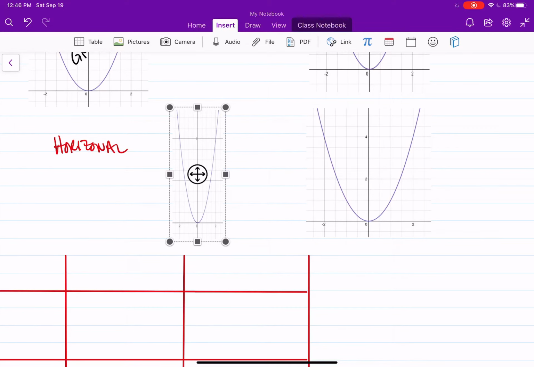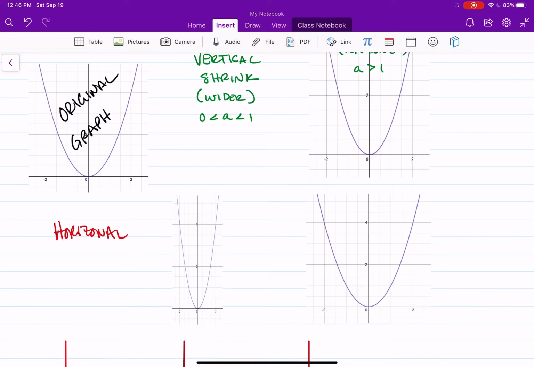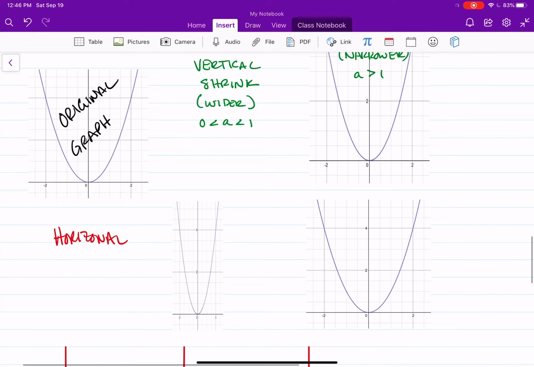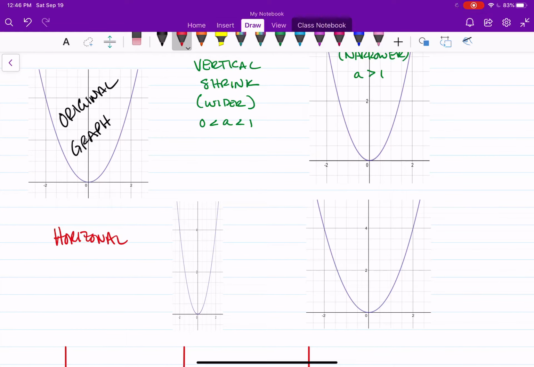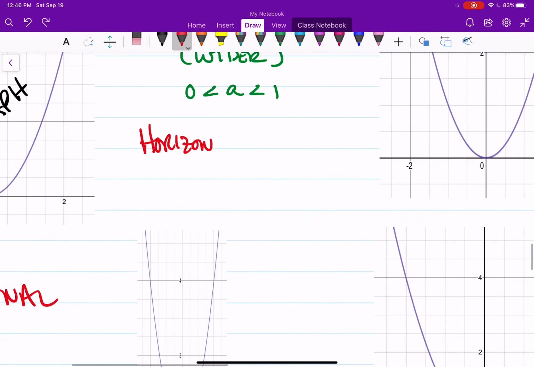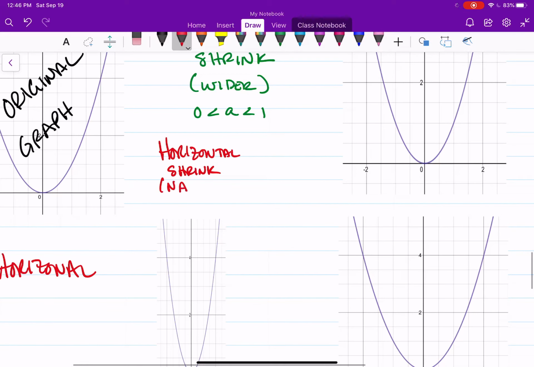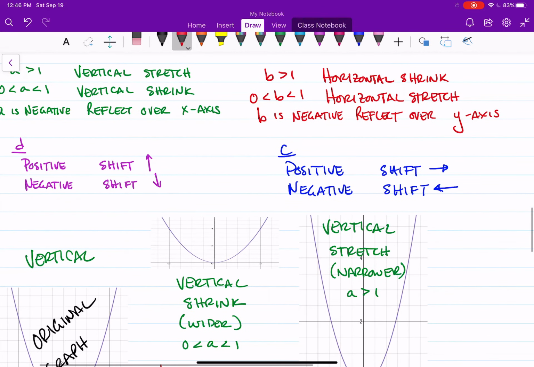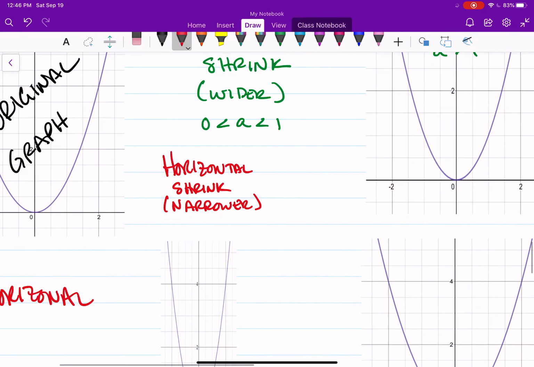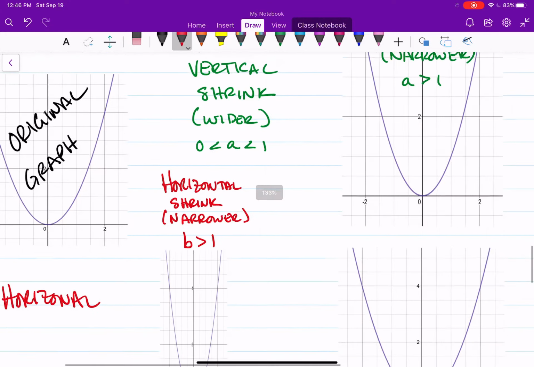Right? So that's a horizontal shrink. Okay, so from left to right, it came in. This is narrower. And what do I see here? For shrink, B is going to be greater than 1. Okay?